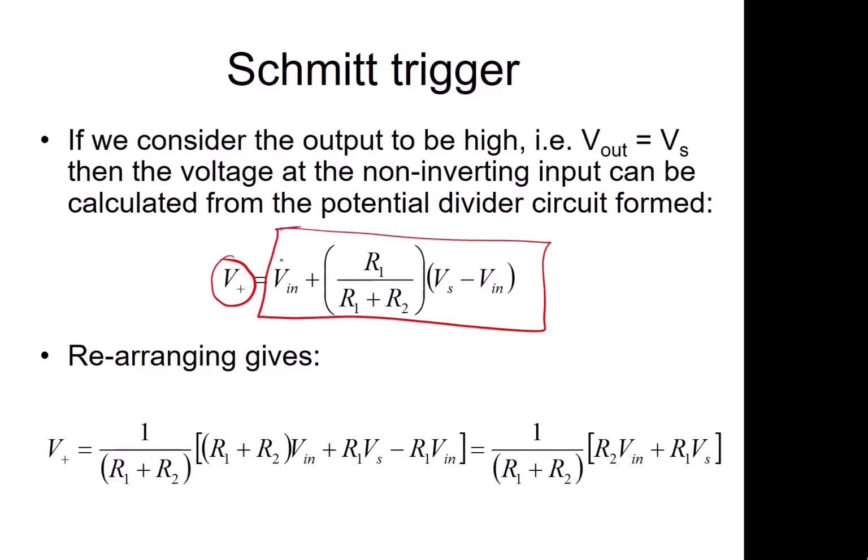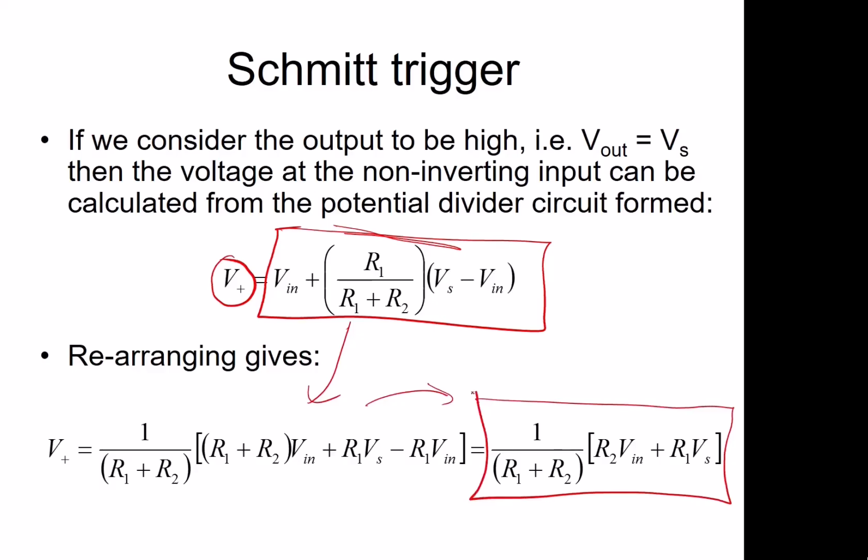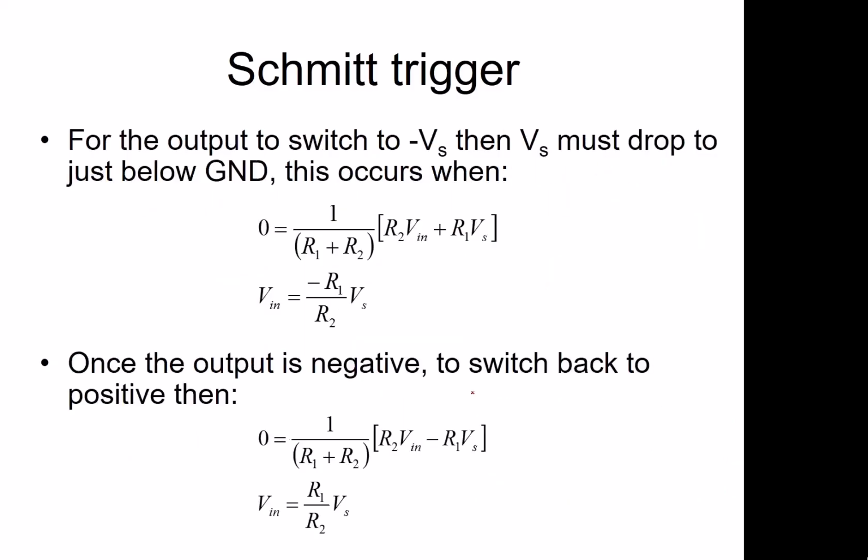If we rearrange that to get this side here in terms of V in, then we can rearrange to that, which leads to that and gives us this term here. For our output to switch to minus Vs, the input voltage has to drop.